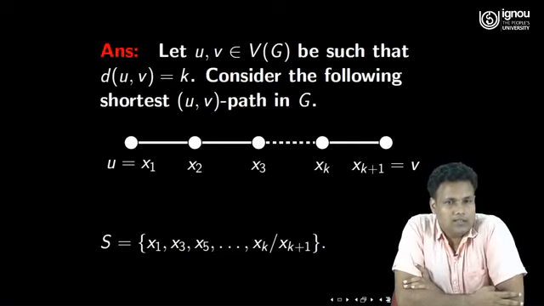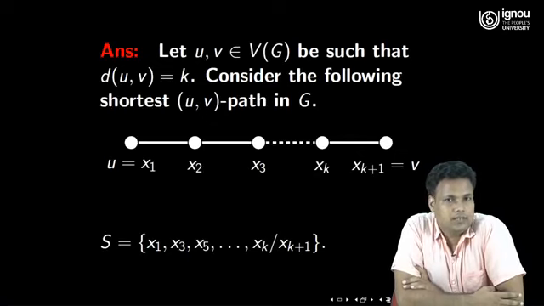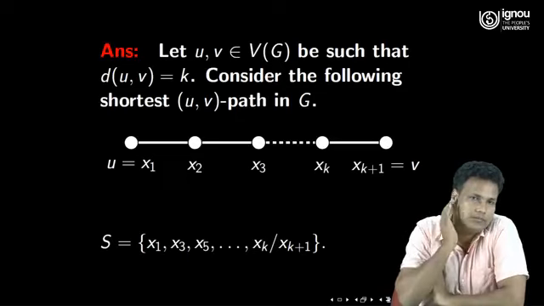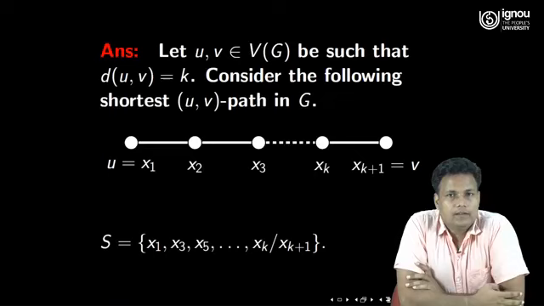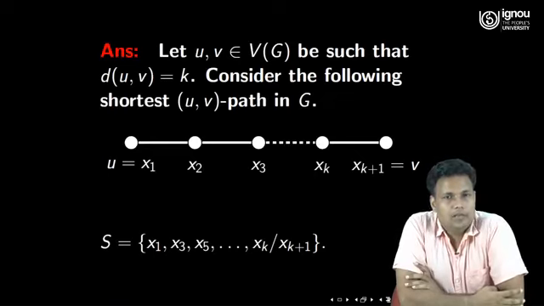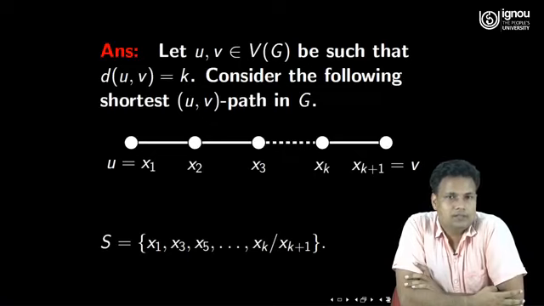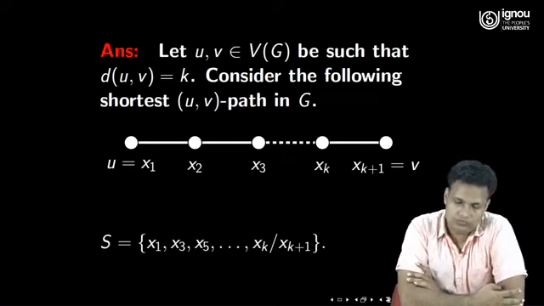So this set S has size at least (k plus 1) by 2, and it is also an independent set. Thus we have found that a graph of diameter k has an independent set of size at least (k plus 1) by 2.